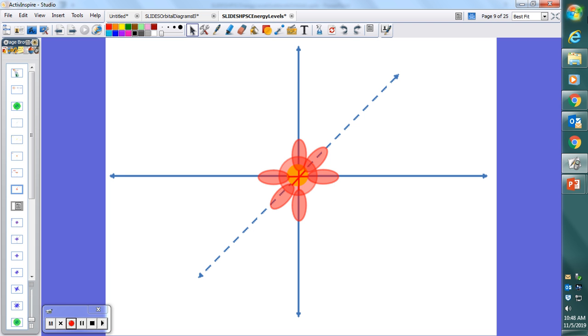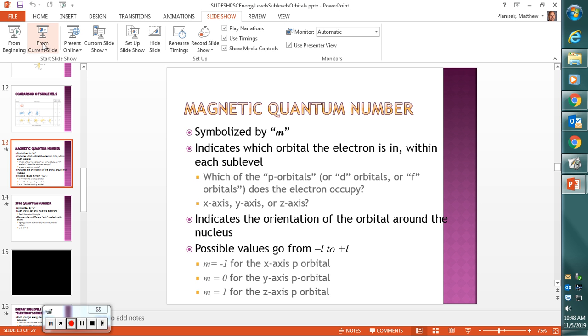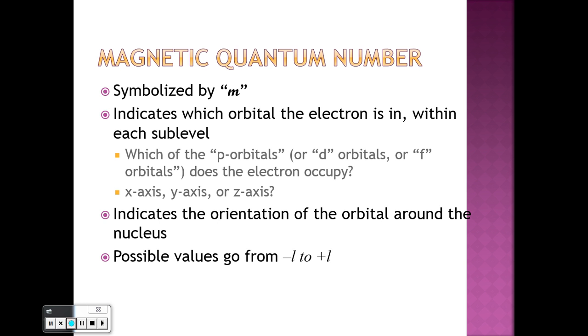All right. So the one spot that's missing on there says that possible values run from -L to +L. -L to +L, and I'll explain that to you in just a second.